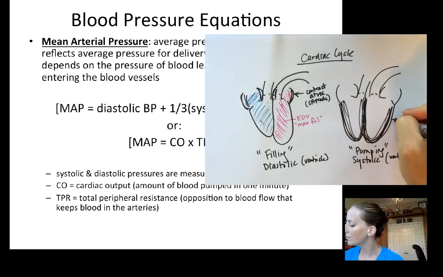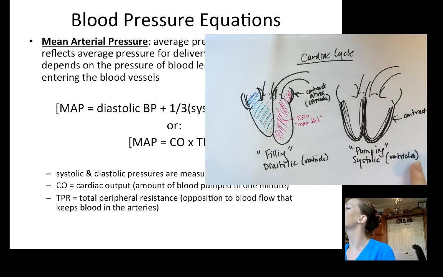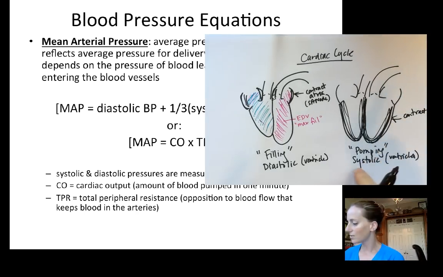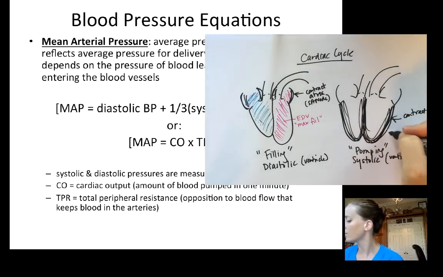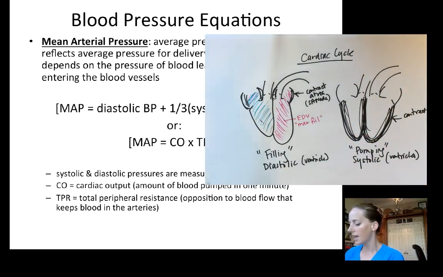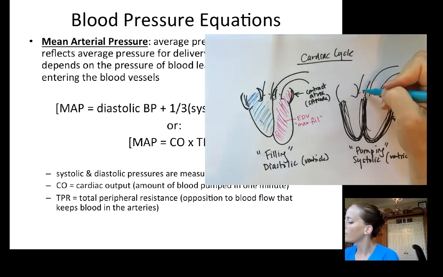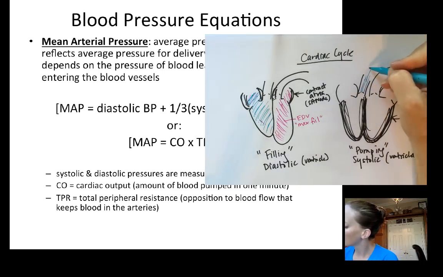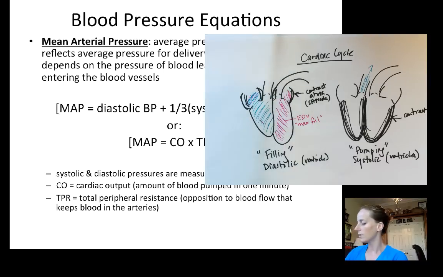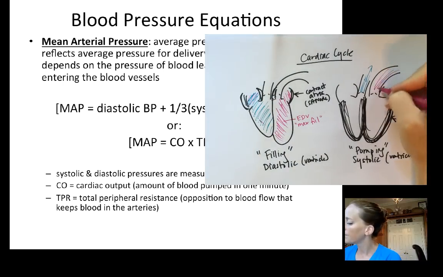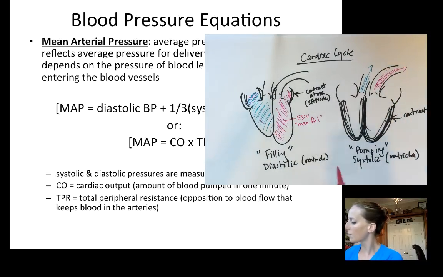So when the ventricles contract, then we are in the pumping phase, or the systolic phase of the ventricles. And when they're contracting, the blood is now leaving to the lungs, or leaving to go out to the body.